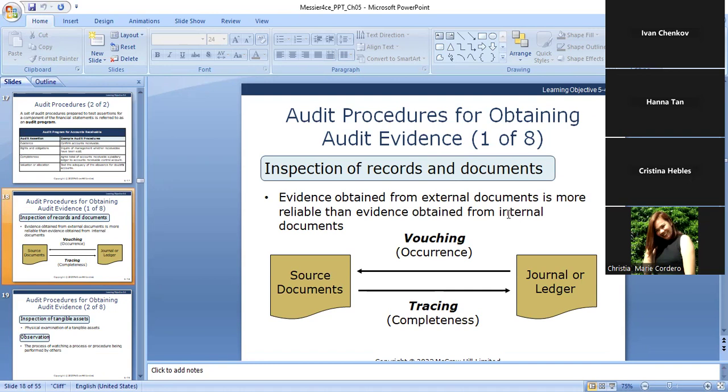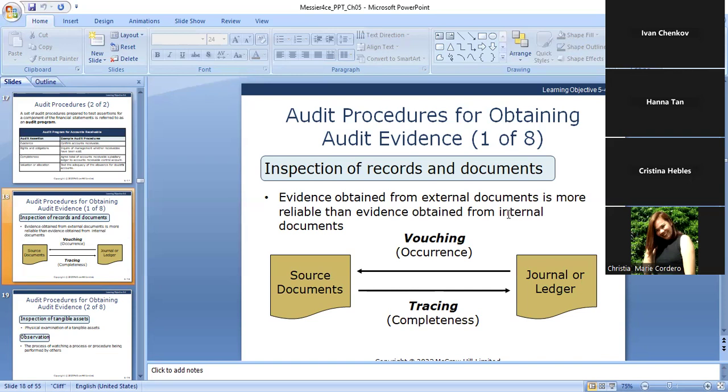Vouching is when you know the journal ledger, you see the transaction on the records, and let the third party confirm that this document actually exists. Tracing is when the third party gives you the document that something happened, then you trace whether it has been recorded in the journal ledger.